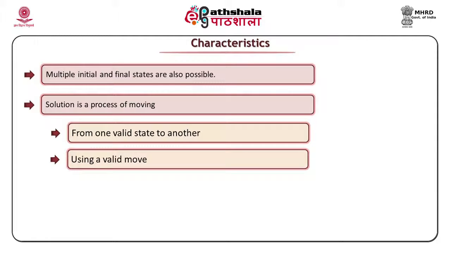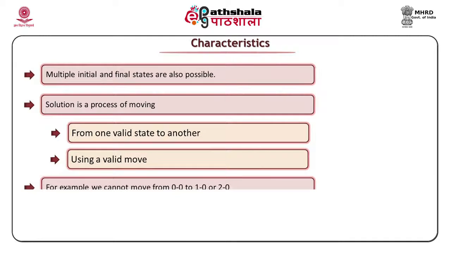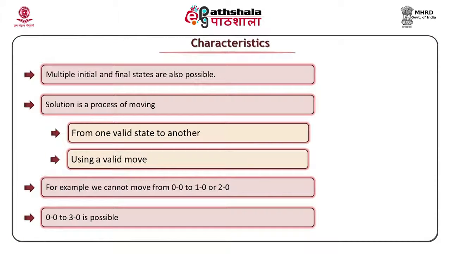And we have to use valid moves, as I said. For example, we can't move from 0, 0 to 1, 0 in case number 1, because how will you get 1, 0? There is no measuring device available, you can't get that. So that's an example of an invalid move. In the other case, can you have the 4-gallon water jug with 3 in the beginning? You cannot. It's impossible because we don't have a measuring device. So 0, 0 to 3, 0 is impossible. This is again an example of an invalid move.